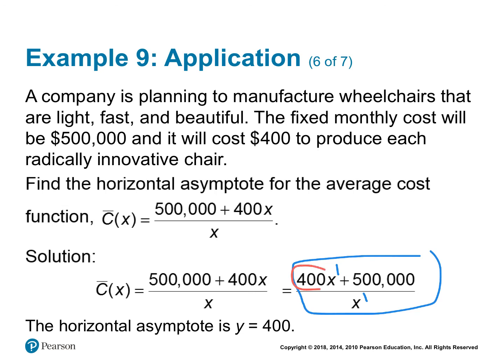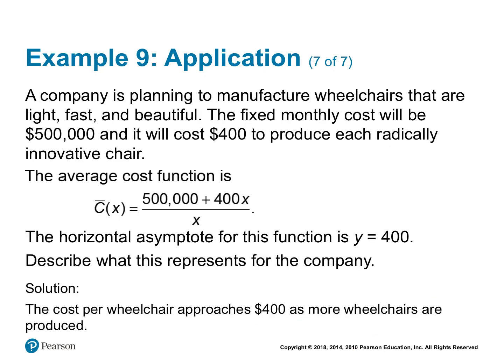So we take 400 divided by 1 on the bottom, which just equals 400 for our horizontal.